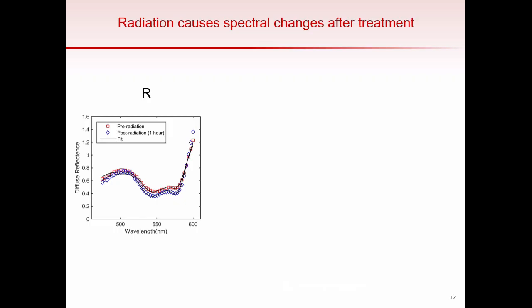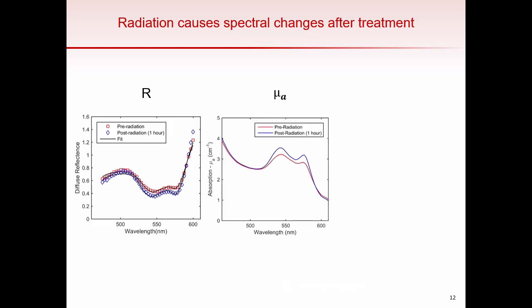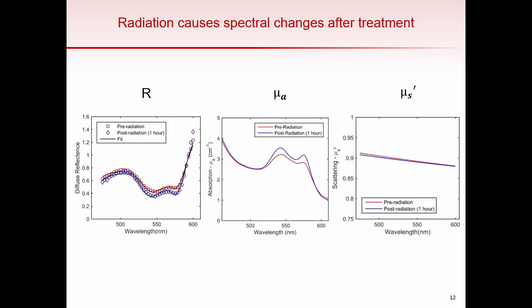So when we use our lookup table model to extract the absorption spectrum, we clearly see the same thing: the oxygen saturation belonging to the blue spectrum is higher than the red spectrum. One other thing we noticed is that the intensity of these two spectra is not changing, which is an indicator of scattering not changing. And indeed, when we look at scattering, it was not really changing.